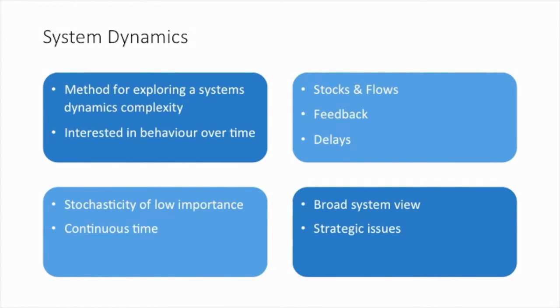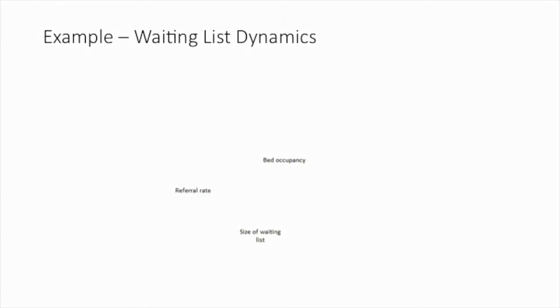And I want to run through just an example that has applications to health. I apologise if some people have seen this example before. But if we were to think about waiting lists, and I apologise if you can't see these so well, we've got in here the referral rate, the bed occupancy, and the size of the waiting list. And we know that there's a relationship between these three elements of the system. What we might say is that, in turn, the referral rate influences the amount of occupancy that we have within our hospital.